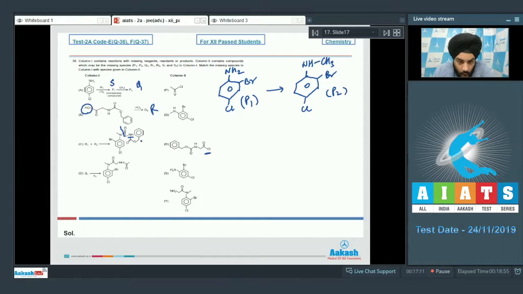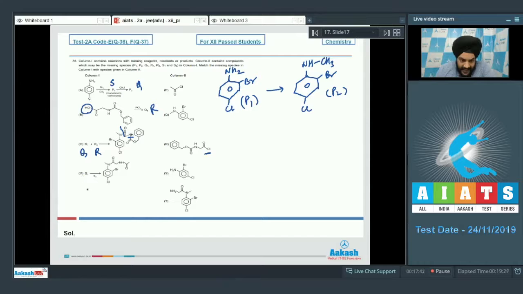And if we talk about this group, students, we can see that this group is present in option R. The arrangement of groups are similar, and it is obvious that when the nitrogen of the compound Q attacks the acid chloride and makes this chlorine leave, the generated product will be the one which is given over here. Okay, so Q, when it attacks R, we're going to have the formation of this given compound.